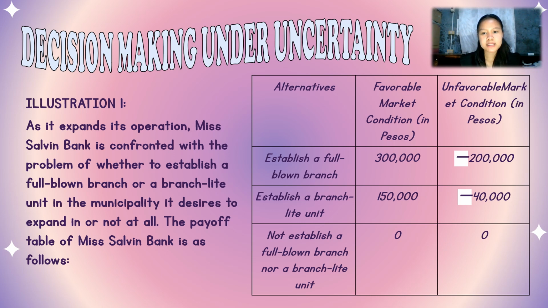The first one is establish a full-blown branch. Second, establish a branch-like unit. And the third is not establish a full-blown branch nor a branch-like unit. There are two states of nature, namely favorable and unfavorable market condition. In the decision theory, the state of nature refers to the outcome that the decision maker has little or no control over.